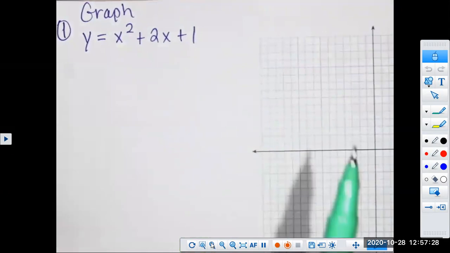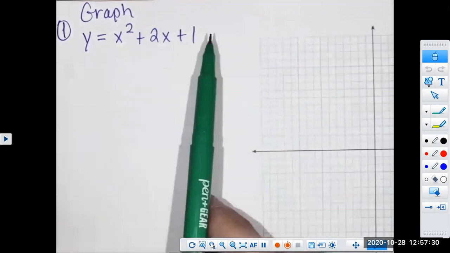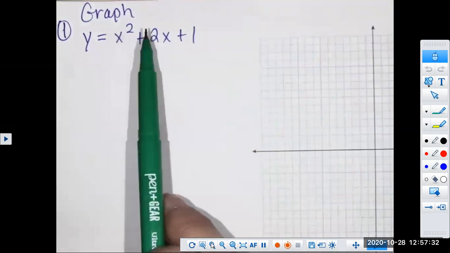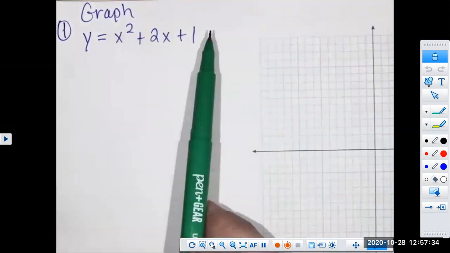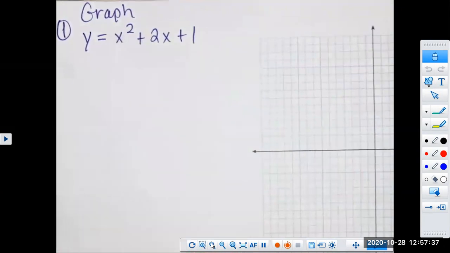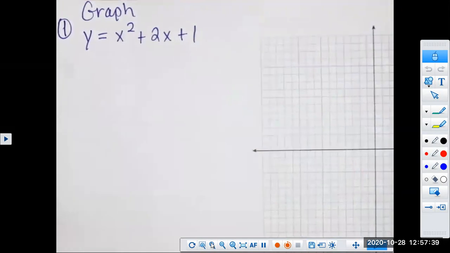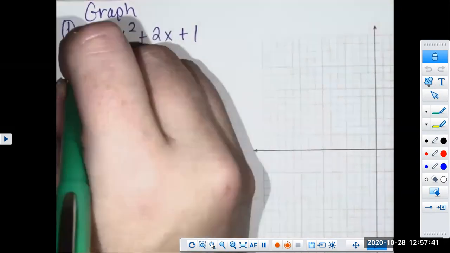Notice, of course, this is in standard form. You have it in order: x squared plus x plus your number, the constant at the end. The first thing is give your vertex.